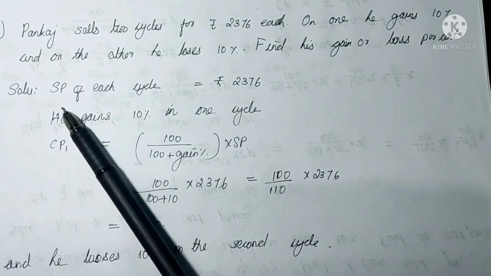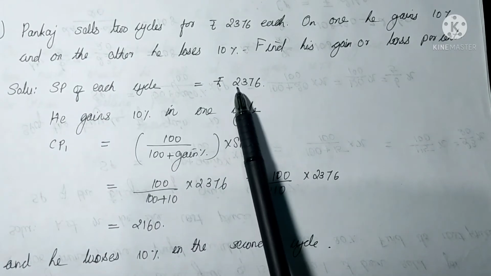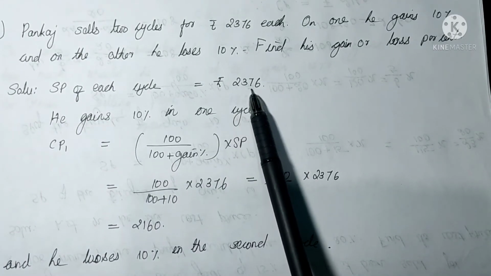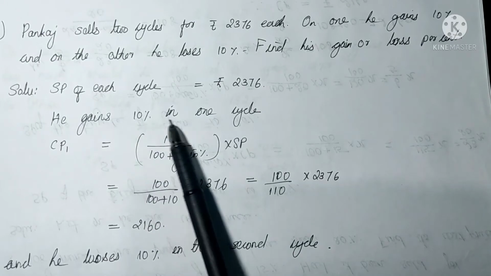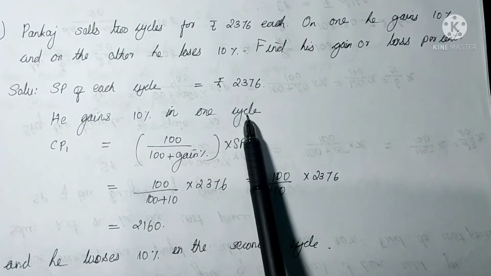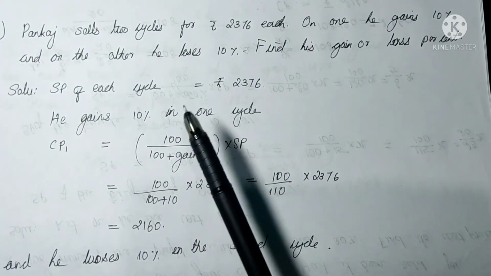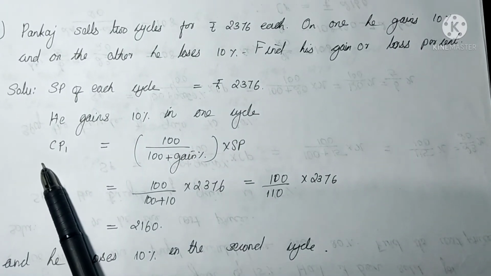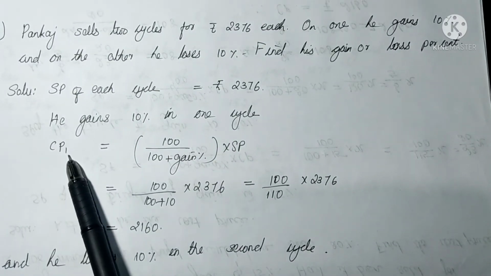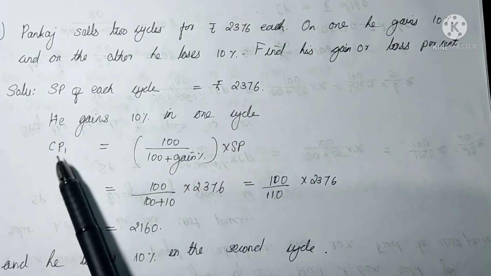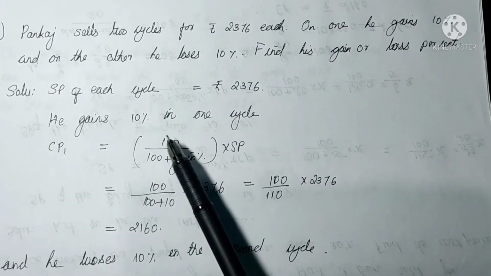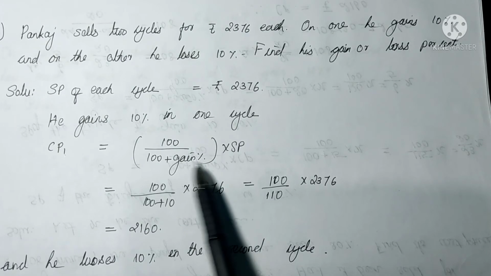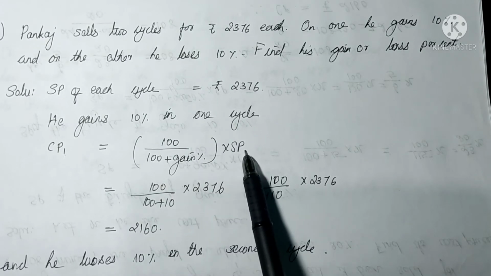Now let's see. SP of each cycle is equal to 2376. He gains 10% on one cycle, is it? So for that cycle we are going to find the CP. Here I have written CP1, that is the CP of the first cycle. Formula is 100 by 100 plus gain percent into SP.